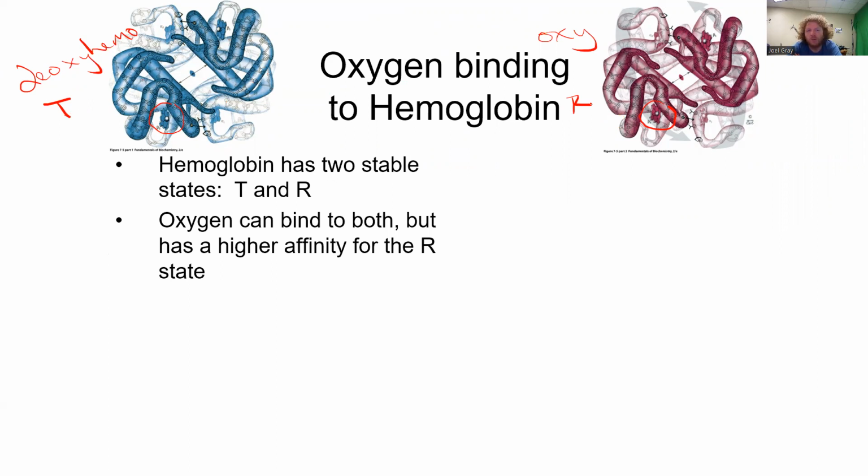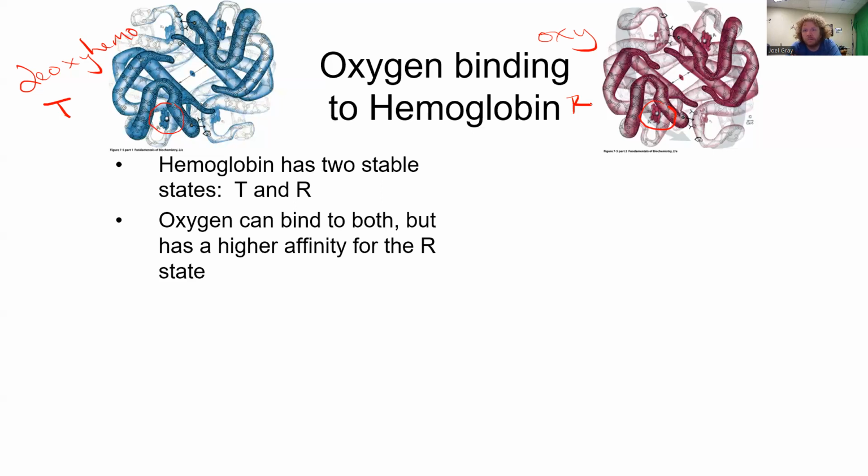Oxygen can bind to both of them, but has a higher affinity for the R state. That might sound a little bit counterintuitive, but the R state is more likely to hold on to oxygen than the T state. So that deoxygenated form is not needy and not clingy. It's not like, oh, I need oxygen desperately. Instead, it says, yeah, I'll bind some oxygen.